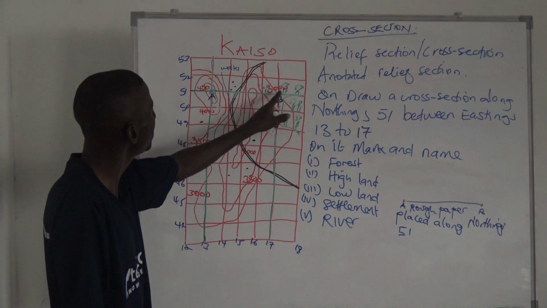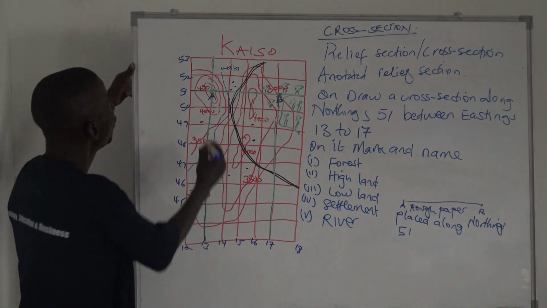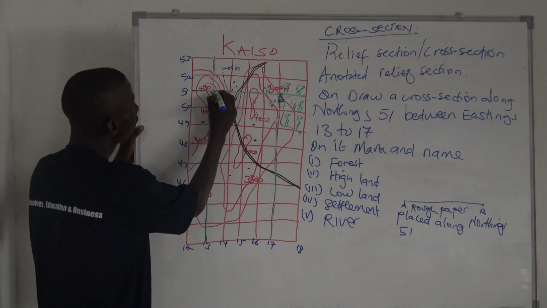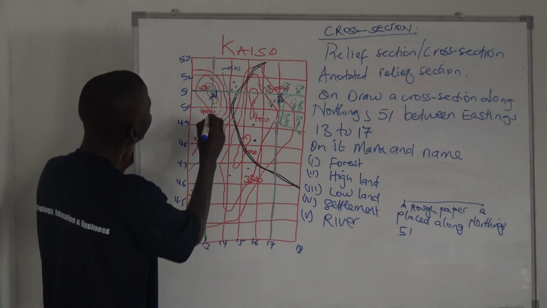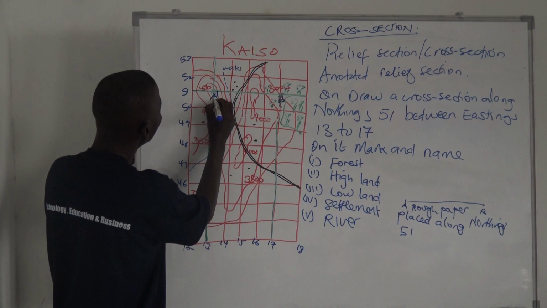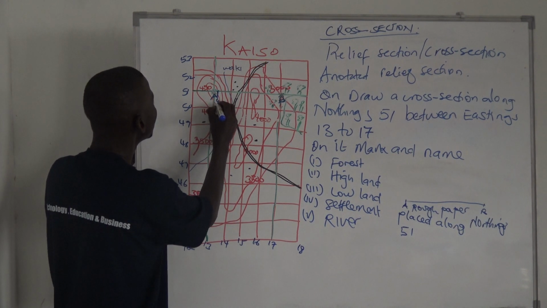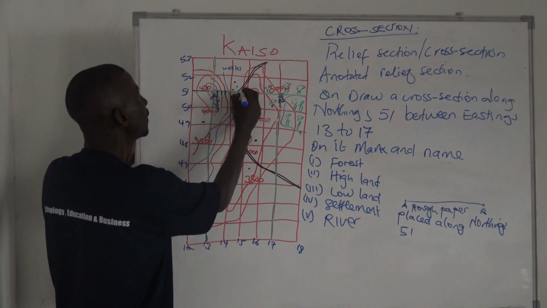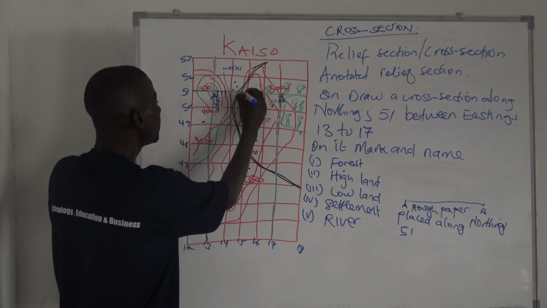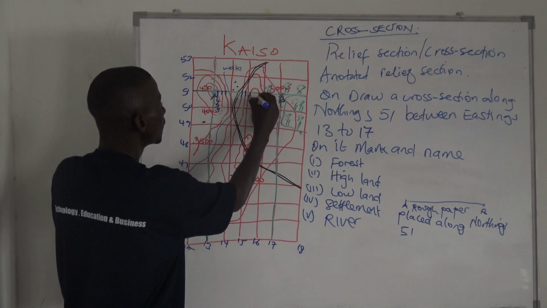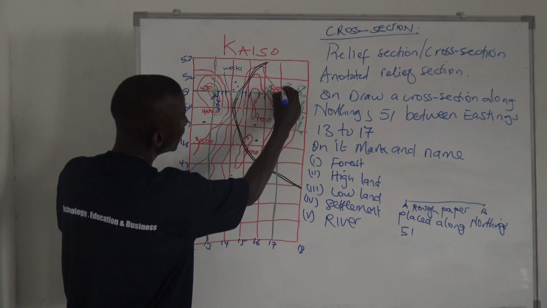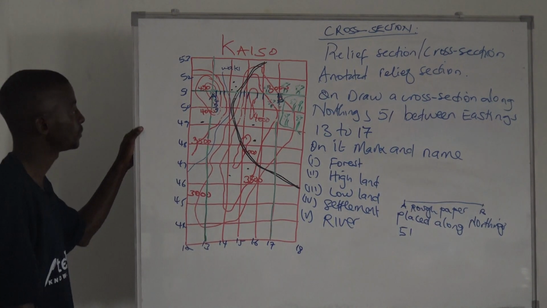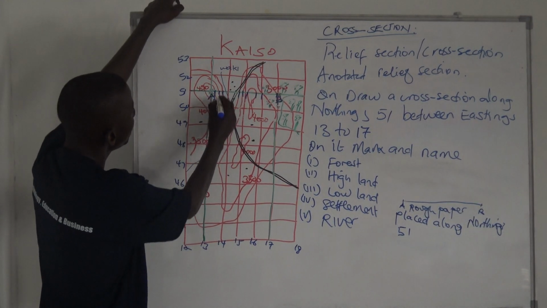Now when you place that rough paper along here, you are going to begin marking all these contours that have crossed your line. Say for example, this one is numbered 4,500. Then you also mark this on your rough paper together with their numbers. Maybe even this last one. So these lines have numbers.